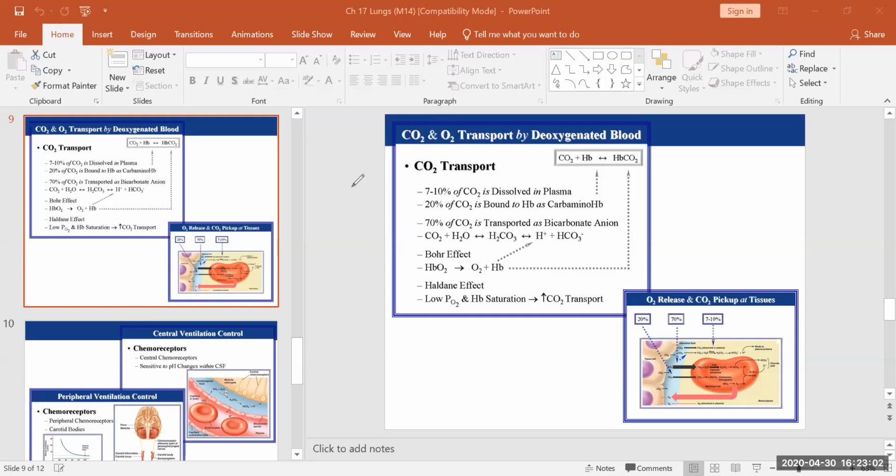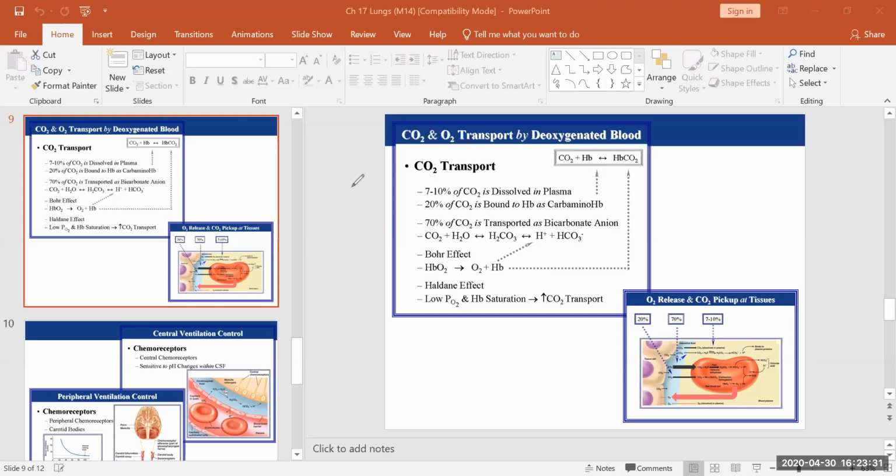And the reverse at the lungs is when oxygen is high in the alveolar space and low in the red blood cells, and CO2 is high in the red blood cells and low in the alveolar space. So it induces unloading of carbon dioxide and picks up oxygen. And that is described on page 488 of your Stanfield textbook.